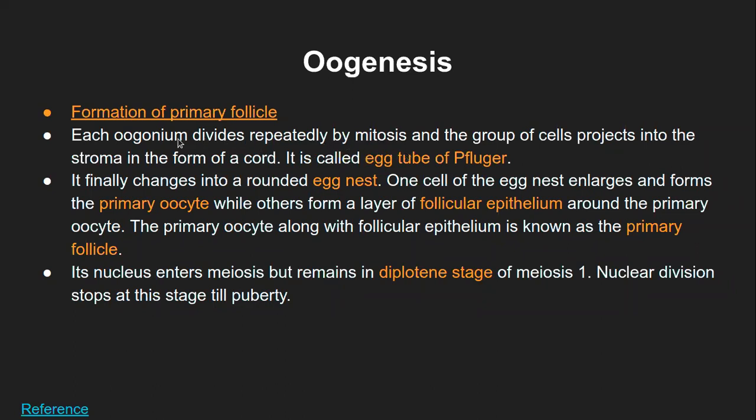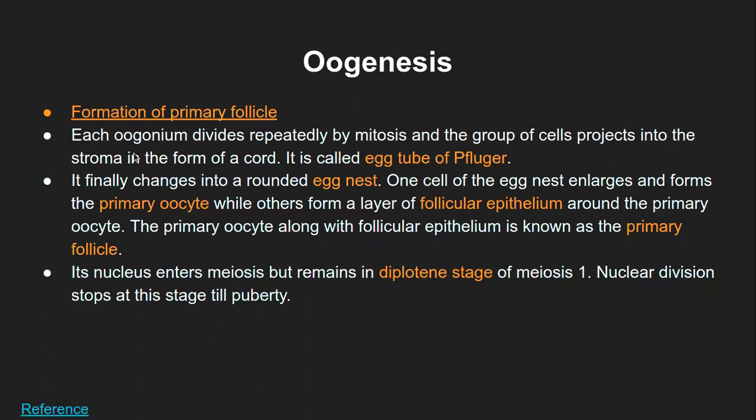Now, like I said, they don't divide to form another subspecies of the oogonia cells, but they will divide for sure to make the final ovum structure. So these cells will divide repeatedly by mitosis, and a group of cells projects into the stroma in the form of a cord, what is known as the egg tube of Pflüger. After division, these cells form a tube-like structure in the form of a cord, into the stroma.